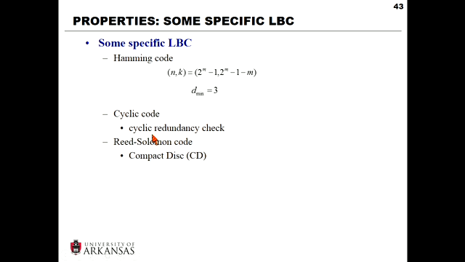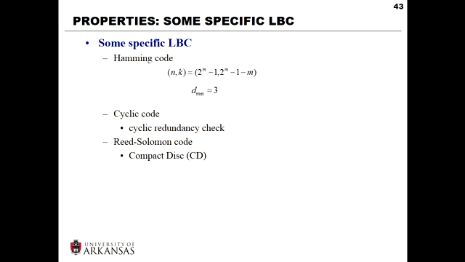Another commonly used code is cyclic redundancy check. If you look at the name, it's called redundancy check. It does not do correction, it only does detection. It's usually used in the upper layers of a communication system. The lower layer error correction coding does its job, but there is still a chance that we are going to make an error even after error correction.